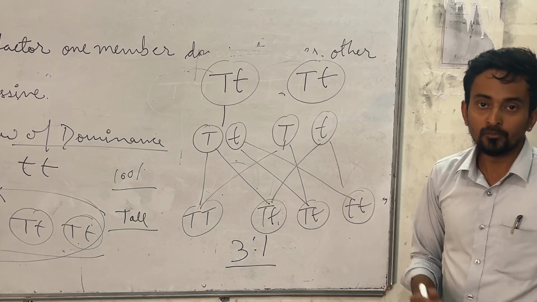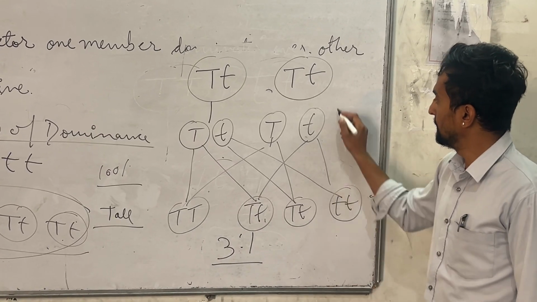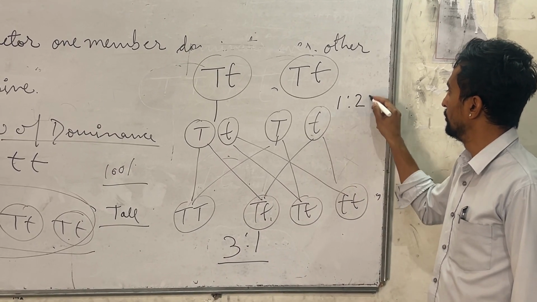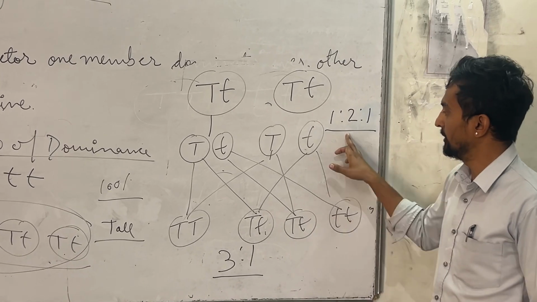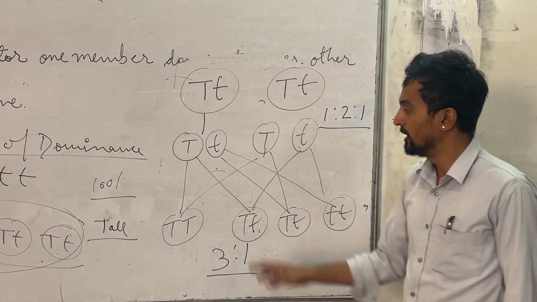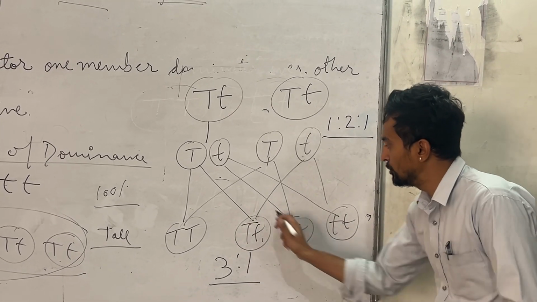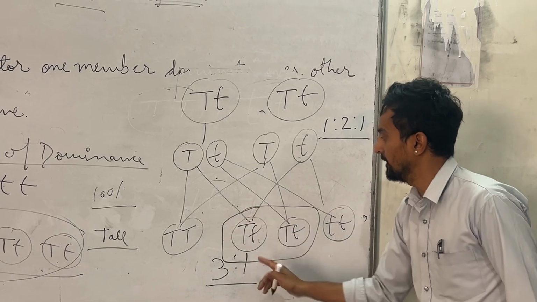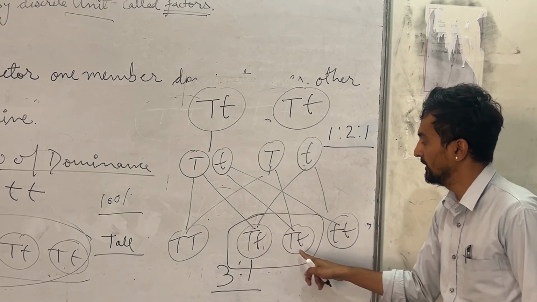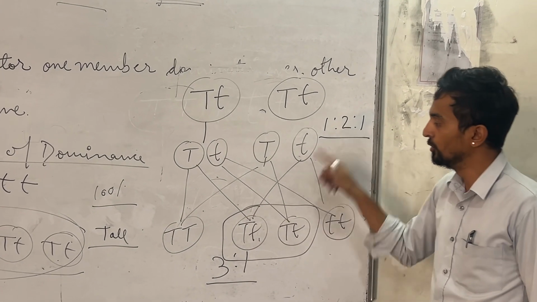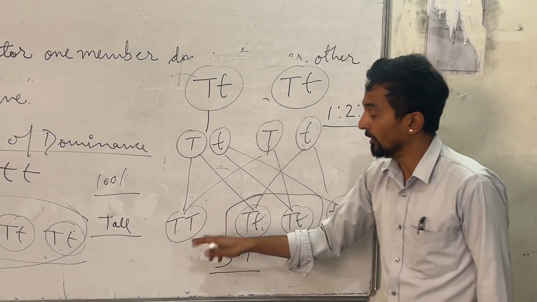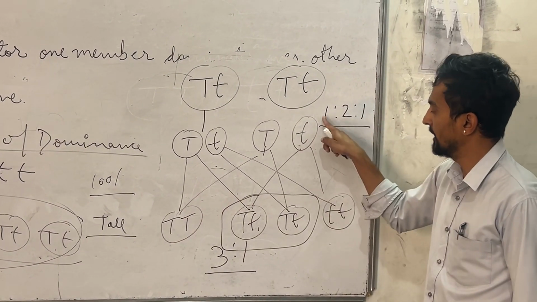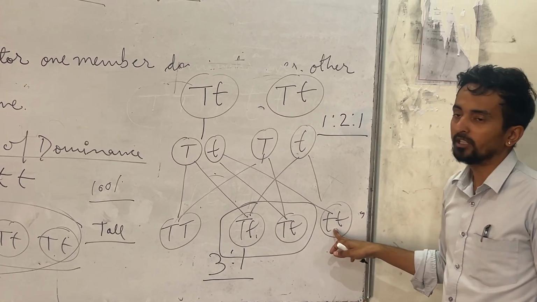But what about the genotypic ratio? The genotypic ratio is 1:2:1. The genotypic ratio is the genetic makeup. Two of these have the same genetic makeup, capital T small t, one is capital T capital T, homozygous dominant, and the last is homozygous recessive.